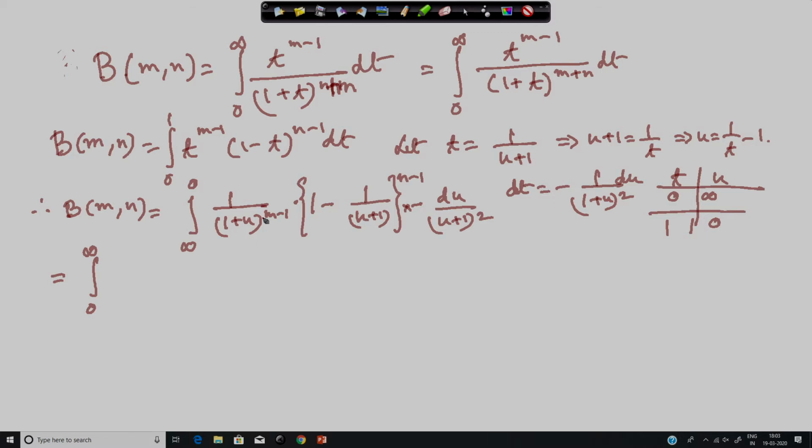Here it is m minus 1, here it will be n minus 1, so m minus 1 plus n minus 1 plus 2.